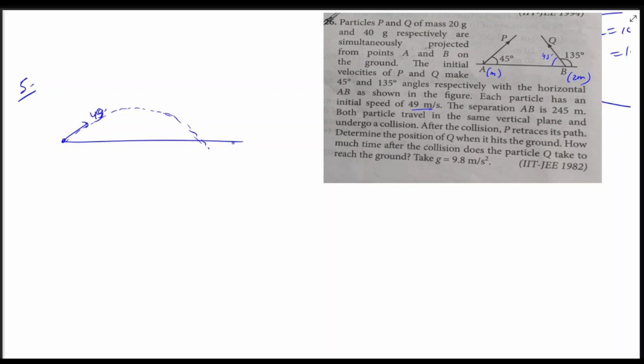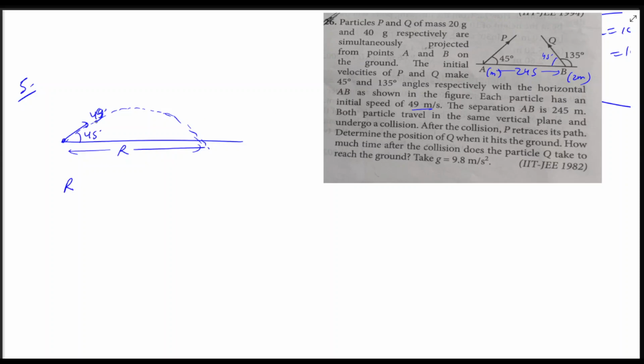Now, another particle from B is thrown like this. Okay, so they will go like this. Let's first find the range of this. The distance between them is 245. Look, the situation will be very simple. If the range of particle P is 245, let's first find this.